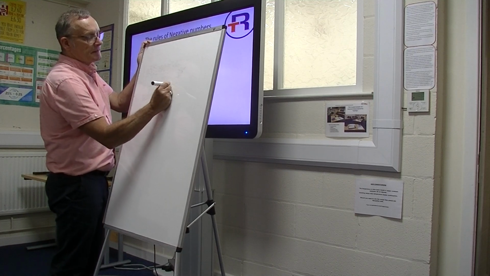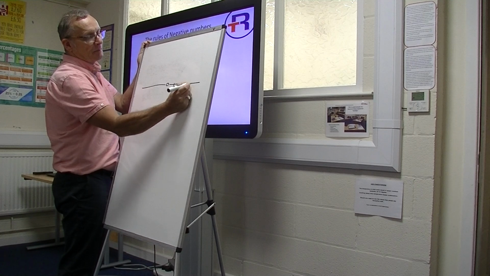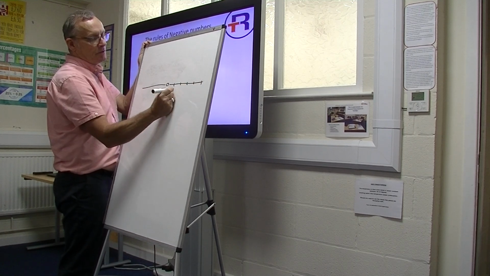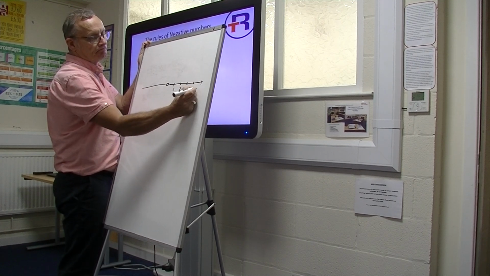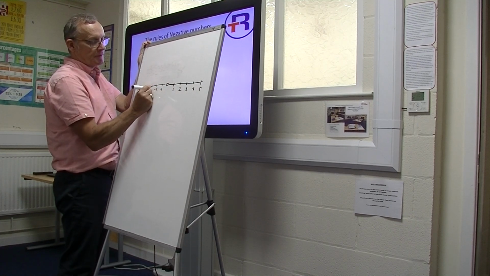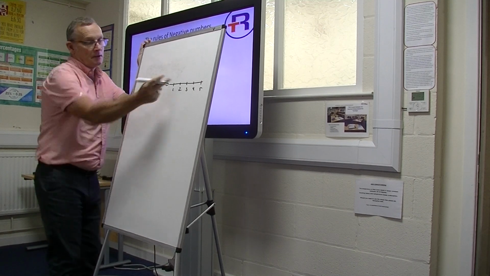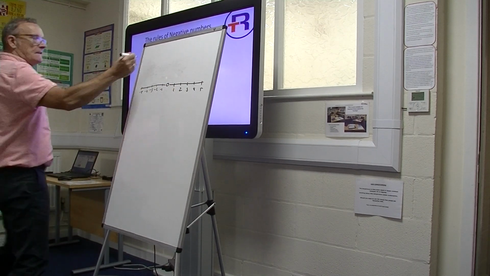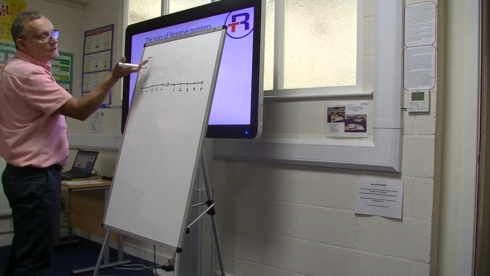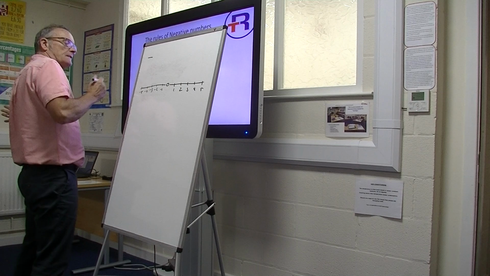The number line has a 0 in the middle, and then it's split up into the increments. Obviously you've got the matching ones on the other side. Okay, so your negative numbers, your minus numbers if you want to call them minus numbers, are always on the left hand side.